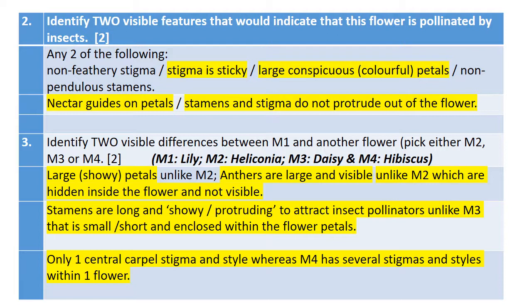So you can talk about the large, showy petals of the lily, whereas the daisy has much smaller petals. Or some people compare the color. The daisy is yellow in color with small petals, whereas the lily has much bigger white petals or pink petals, depending on what type is available during the practical session.